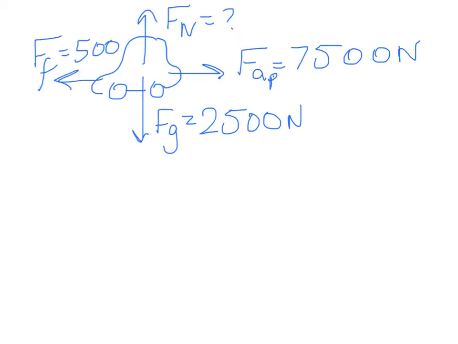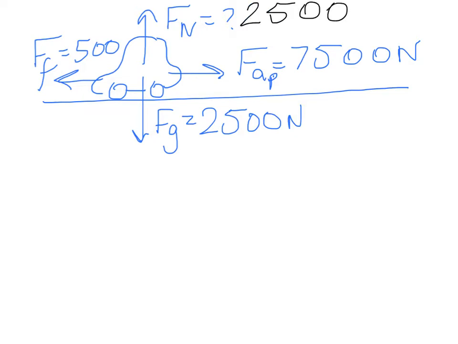Okay, now we have this problem, and we're wanting to know the force normal. Well, it's moving on a straight surface, so the force normal is going to be equal to the gravity. So force normal in this case is going to be 2,500 newtons. Now what if we're wanting to find out mass?